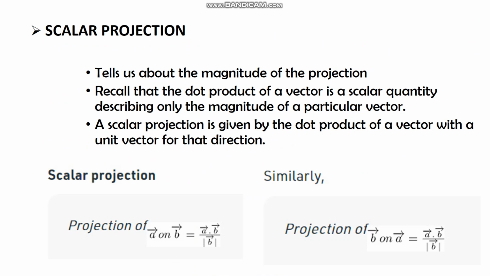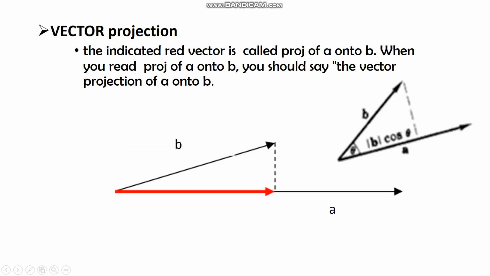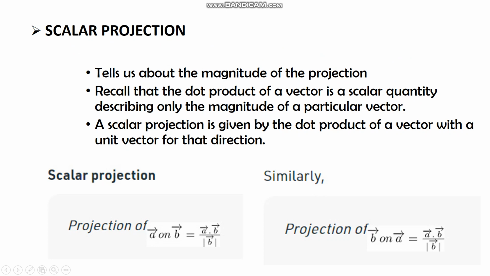Scalar projection tells us about the magnitude of the projection. Recall that the dot product of vectors is a scalar quantity, describing only the magnitude. A scalar projection is given by the dot product of a vector with a unit vector of that direction.